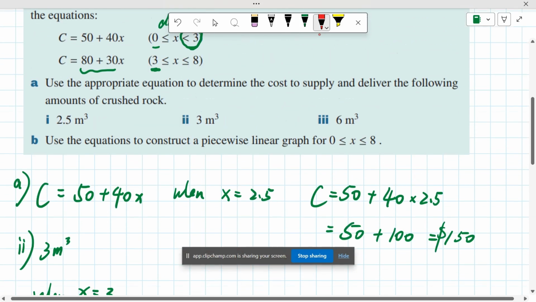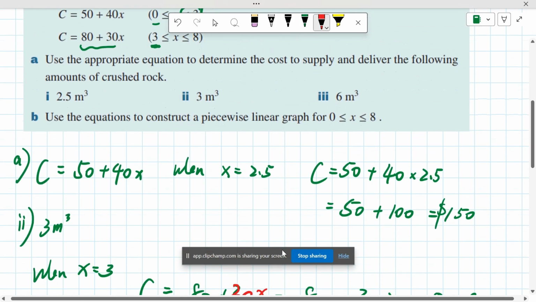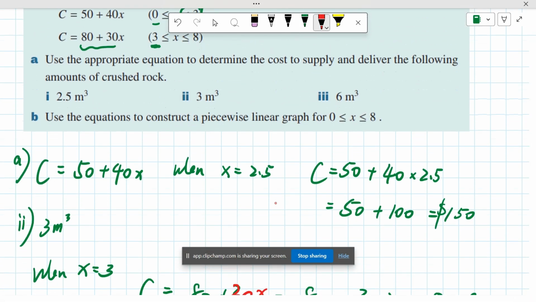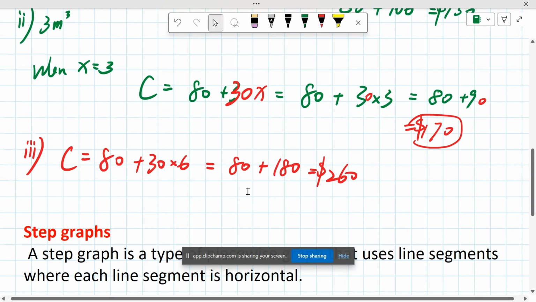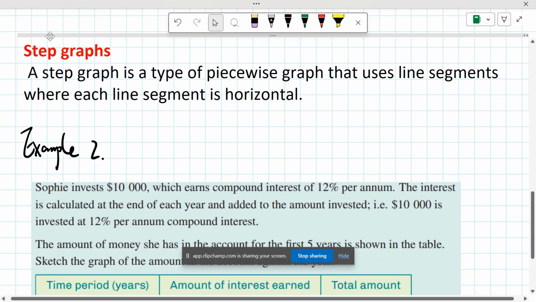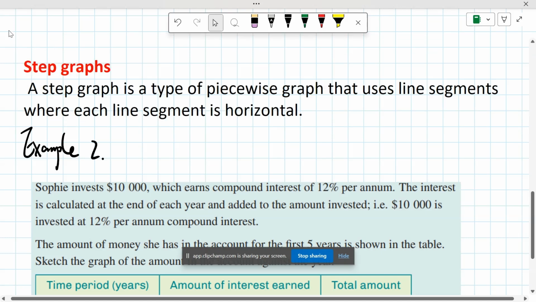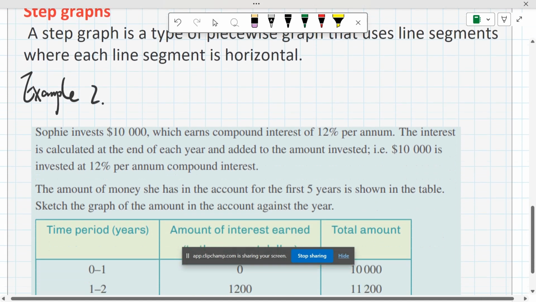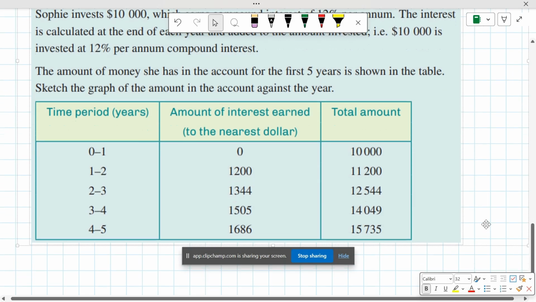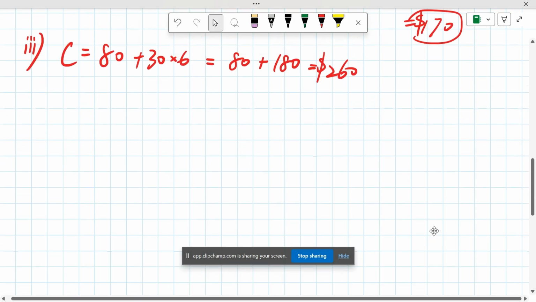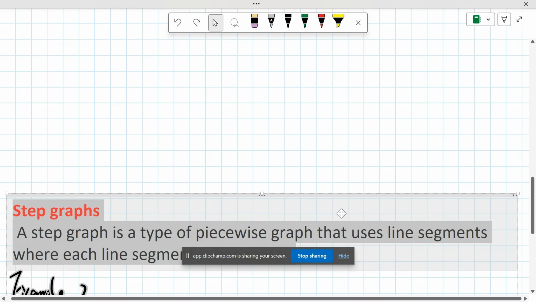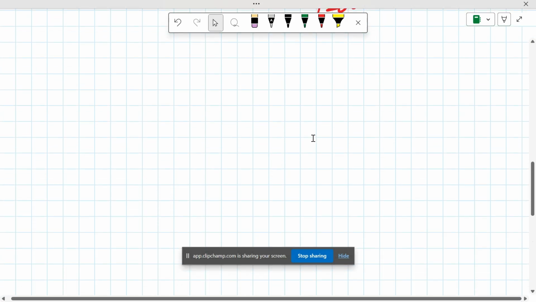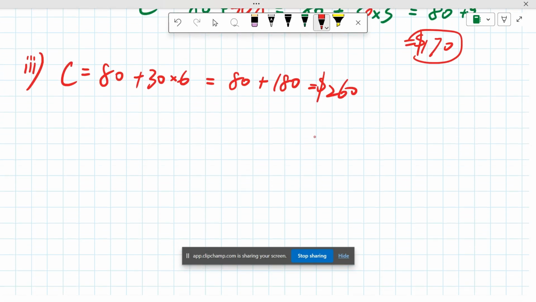Now we're going to use the equations in constructing a piecewise linear graph. We're going to graph these together, so I'm going to move this to the next page. Perfect. Before we graph the piecewise function, first we need x equal to 0.